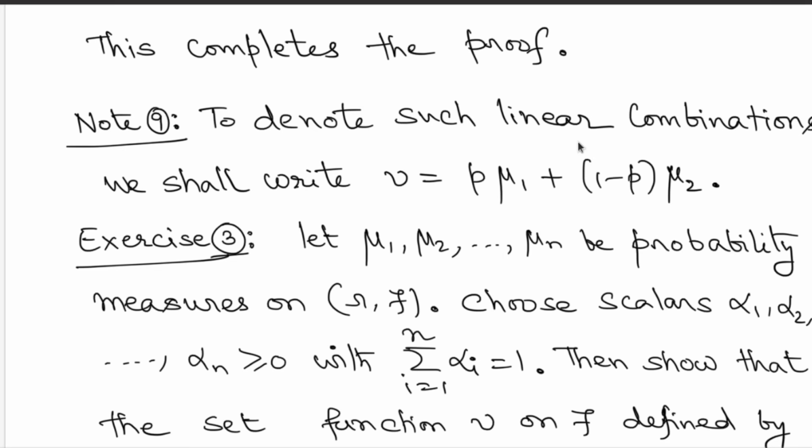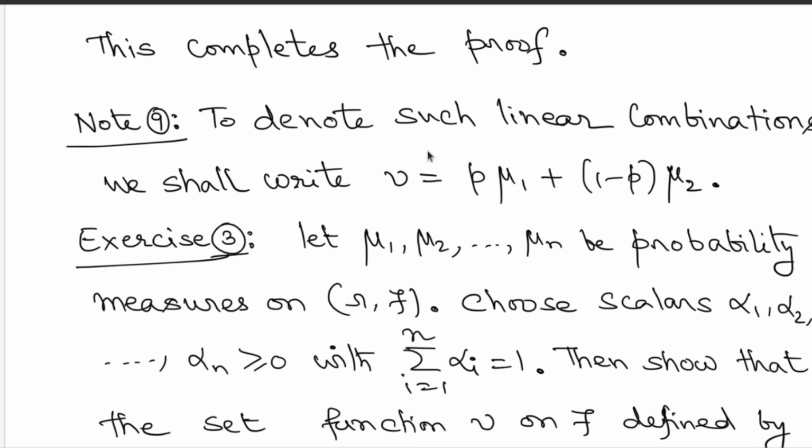So we write this as a convex combination with weights p and 1 minus p of the measures mu1 and mu2. That is the motivation that we have looked at.